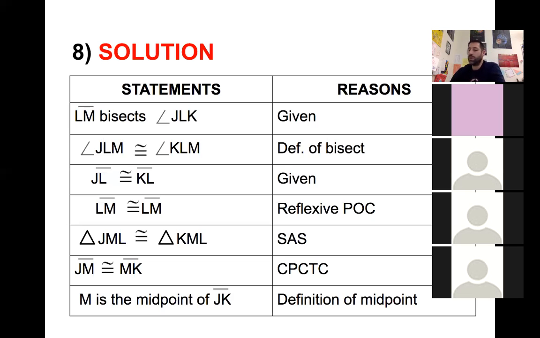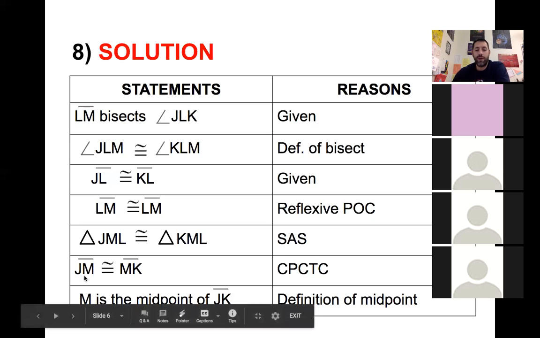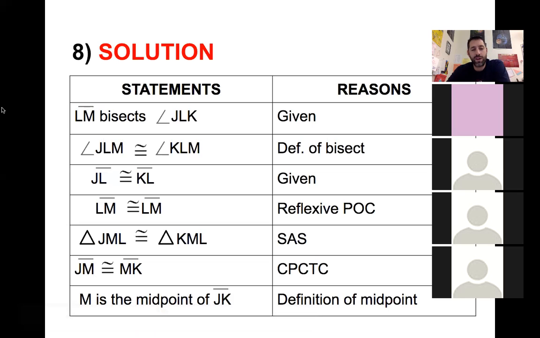Once those are congruent, we can then talk about those bottom segments of both triangles being congruent to each other because they correspond to each other. And that is because of CPCTC. And lastly, once we know that those segments are congruent, we know that M is the midpoint of JK because of the definition of midpoint.